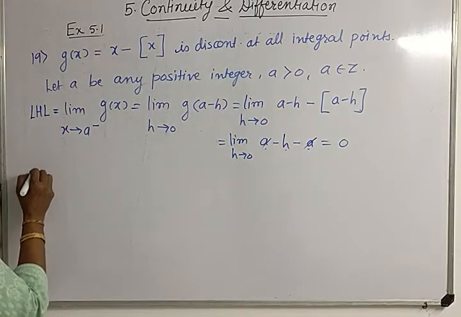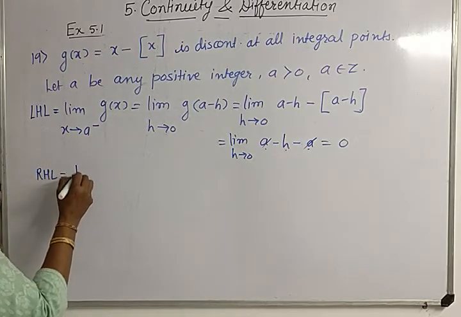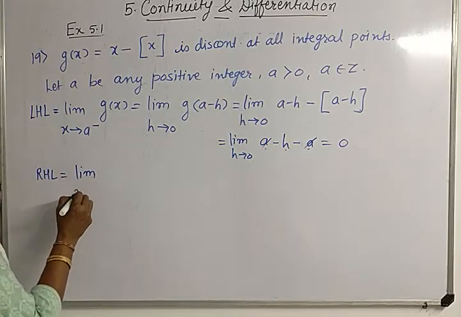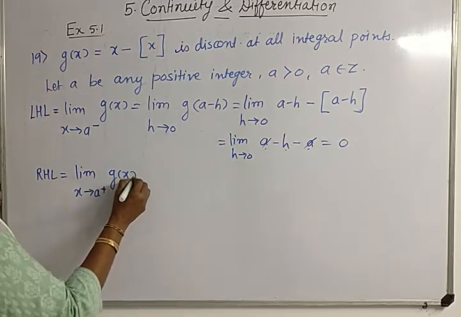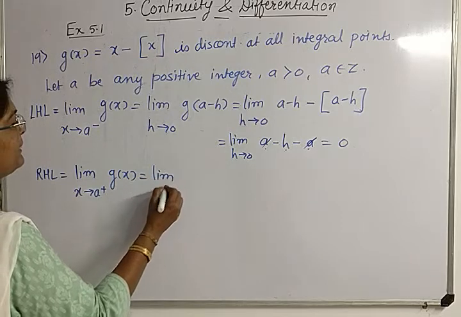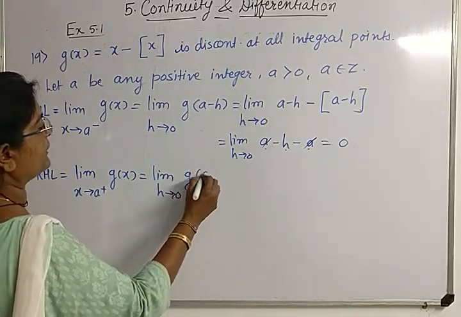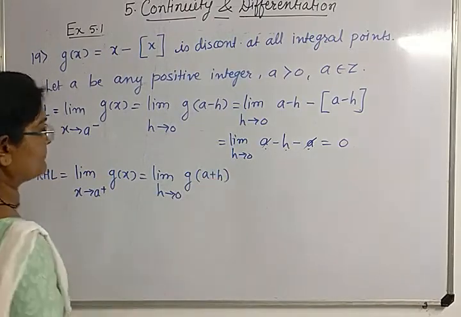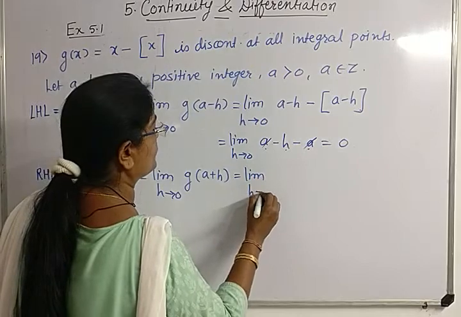Then right hand limit equal to limit as x tends to a positive of g of x, equal to limit as h tends to 0 of g of a plus h. This equal to limit as h tends to 0.